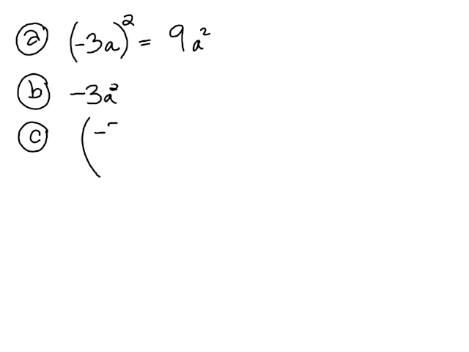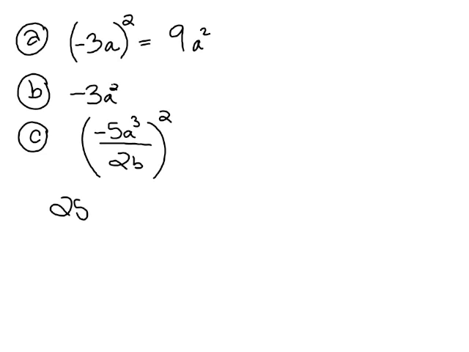Example C is negative 5a cubed over 2b squared. So we'll do the top and bottom separately, so let's start on the top. Negative 5 squared. 25, and then a cubed squared.